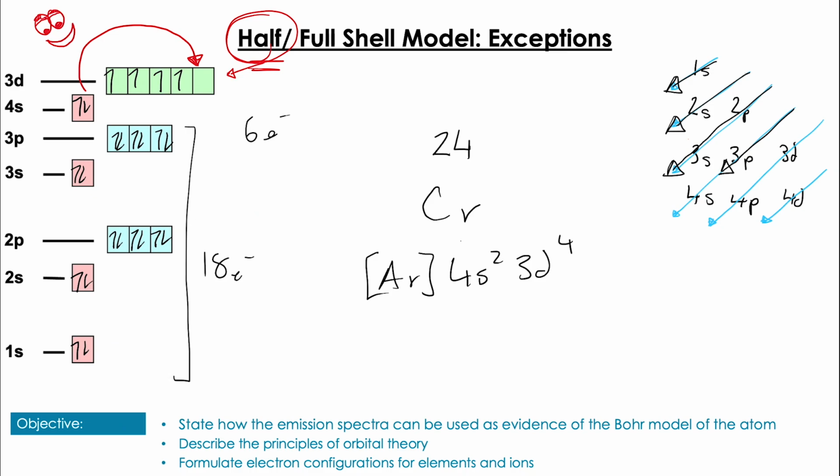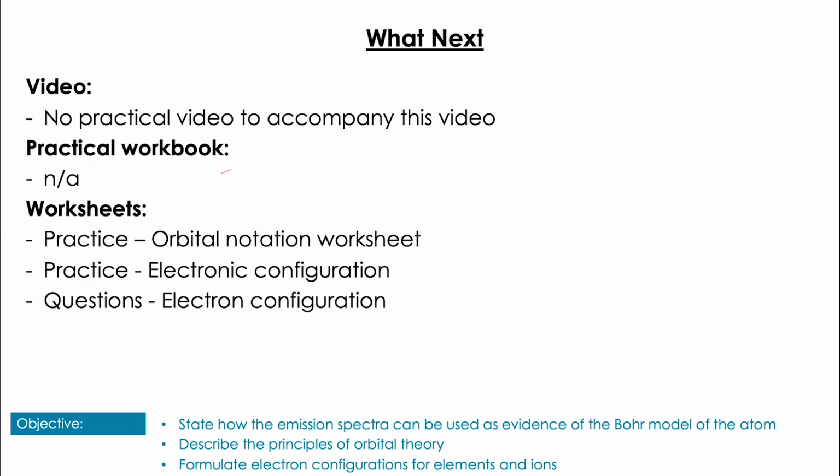That means that it's not going to have that 4s2 3d4 configuration. Instead, it's going to have Ar 4s1 3d5.